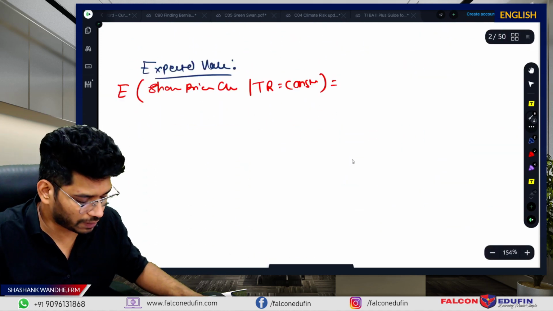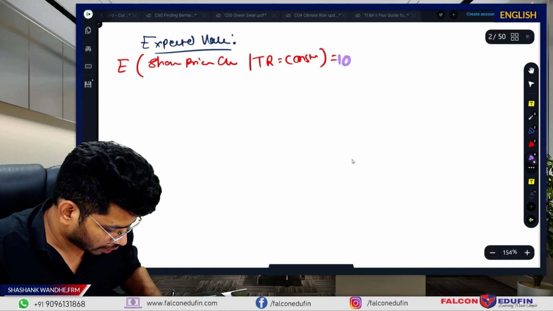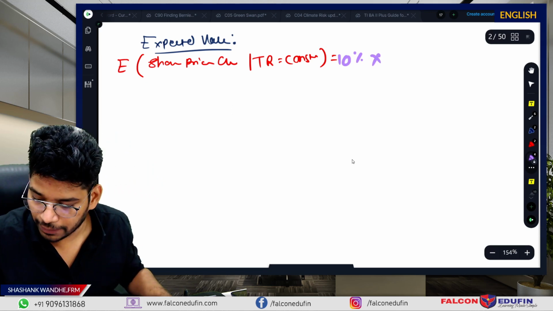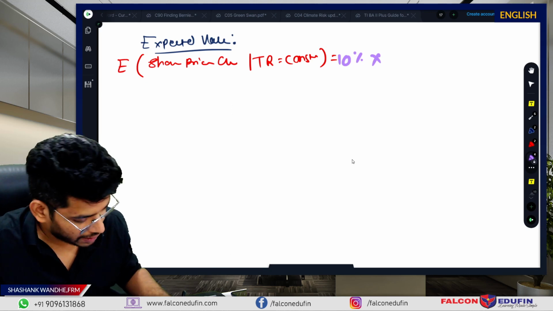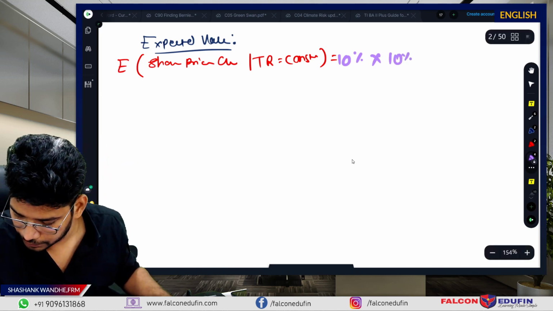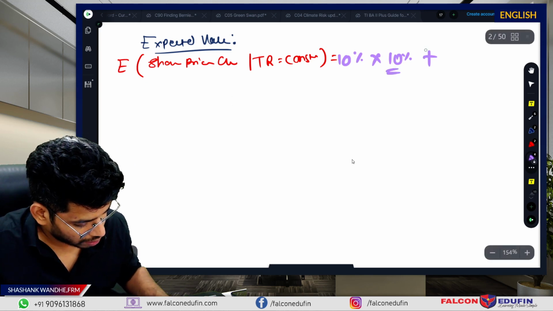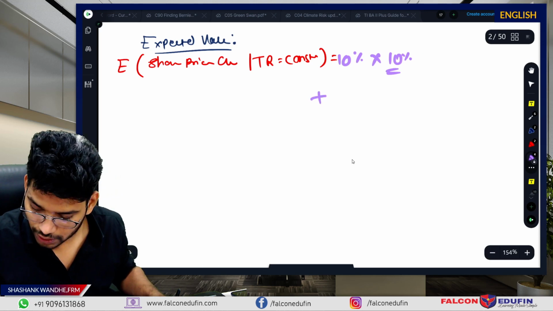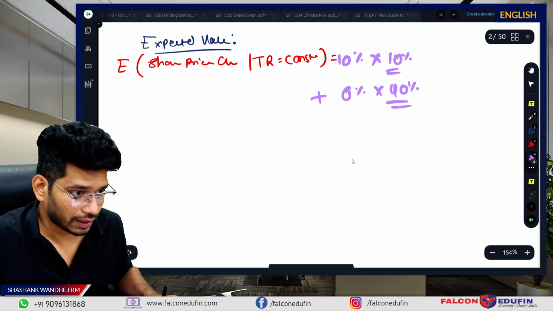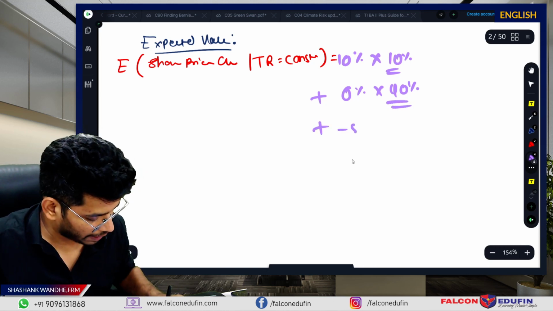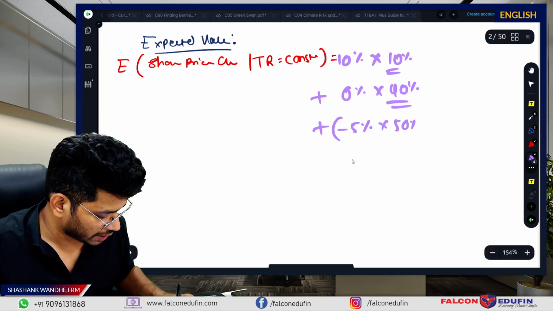So 10%, 40%, 50%. Share price will increase by 10%, that is 10% multiplied by its probability, which is 10%, both are the same, then plus 0% change multiplied by 40% probability, and plus 5% reduction, or fall in share price, and the probability is 50%.